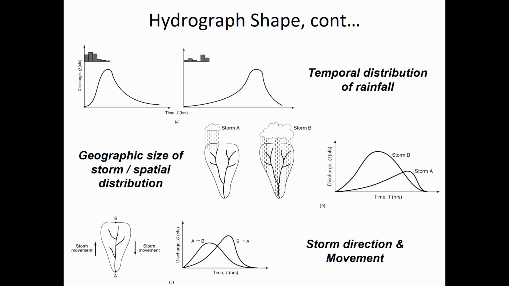But what changed is that when the rain is going from A to B, those first raindrops are pretty close to A, and so they don't have very far to travel before they get to the outlet. And effectively, they're making the channel wet even before the particles get to B. In the case of the opposite direction, when the storm was going from B towards A, not only do those first particles arrive at the furthest part of the watershed, but the stream is dry.